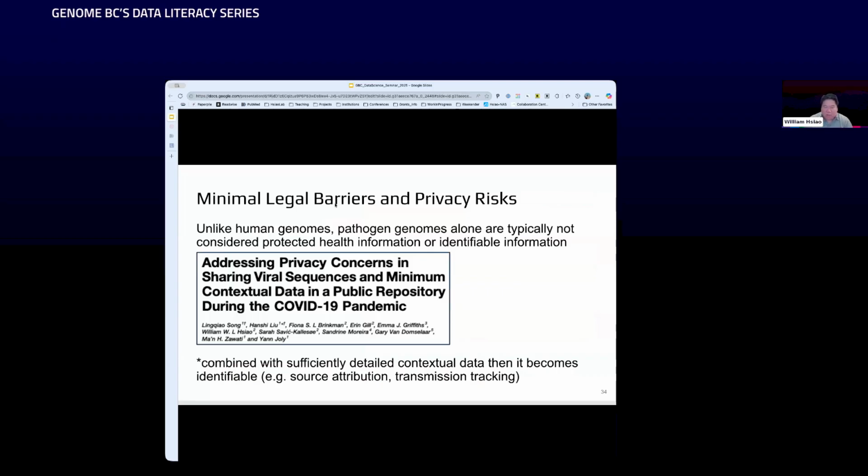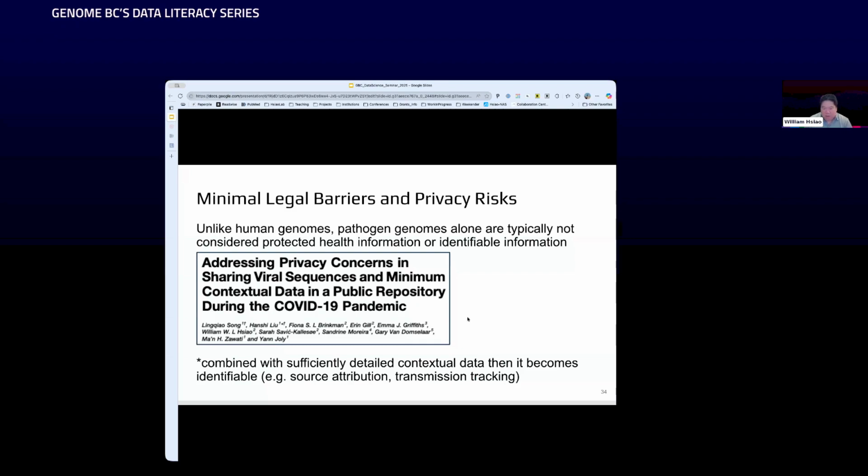So, as mentioned, trust is a major issue with intersectoral collaboration. So we also work with others, for example, Yanjali and Mon Dawati from McGill University, to look at privacy and confidentiality related issues associated with sharing pathogen genomic data.